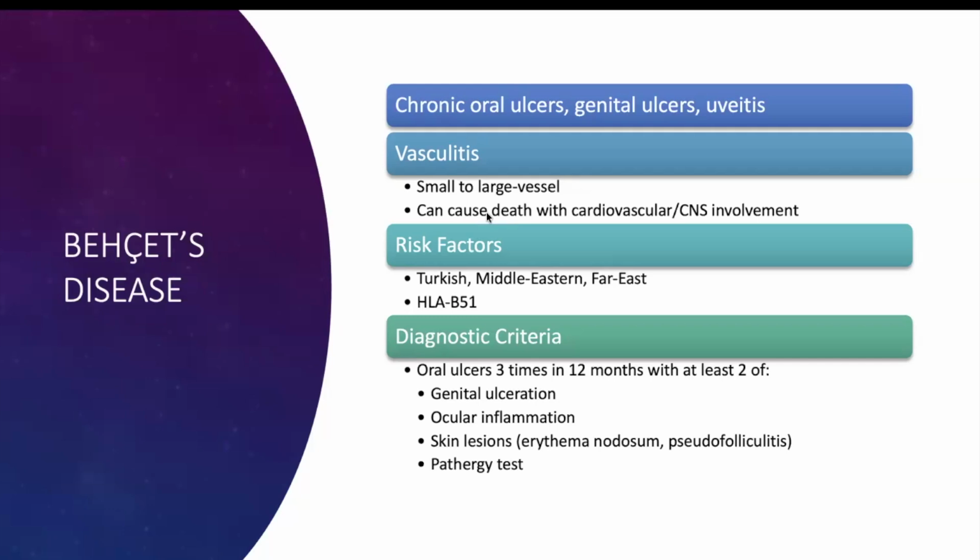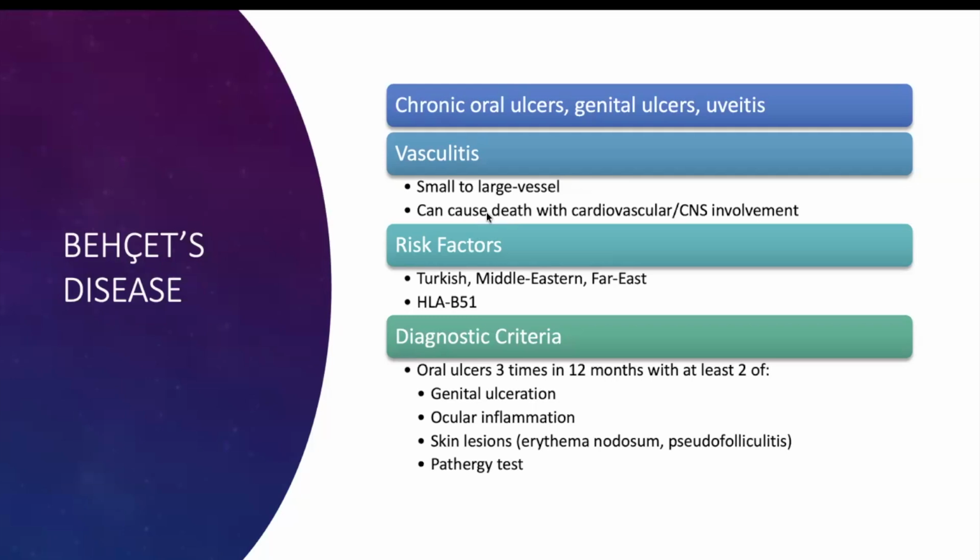And this is why Behçet's can sometimes be fatal, because if you have a vasculitis that involves the cardiovascular or the central nervous system, you can end up with things like strokes, heart attacks, and the mortality of the patients can be high from that point of view. There's involvement in about 5 to 10% of patients in terms of these more serious side effects of Behçet's.